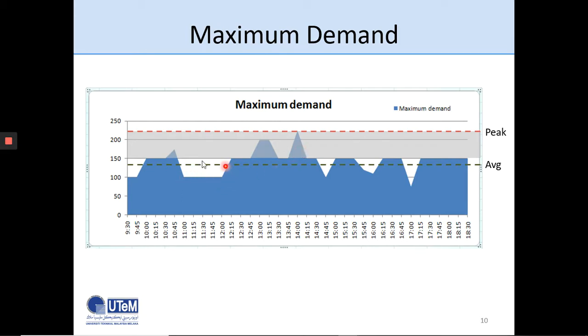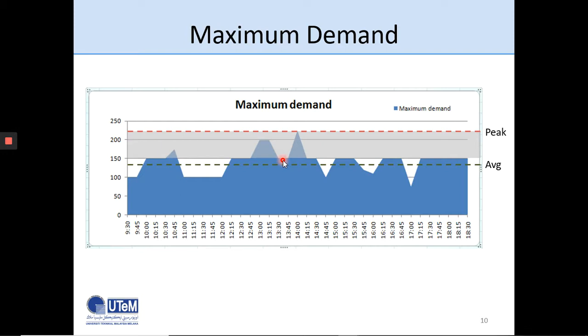For example, this part here, they want to encourage the user to shift this usage to this time. That way they can reduce the peak, and TNB can reduce the capacity they need to prepare. So that's the basics of maximum demand.